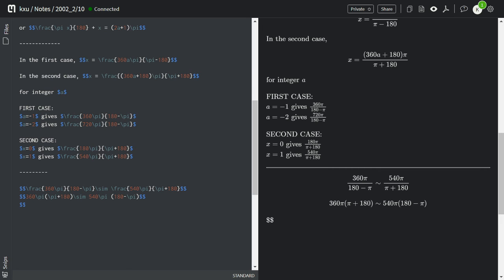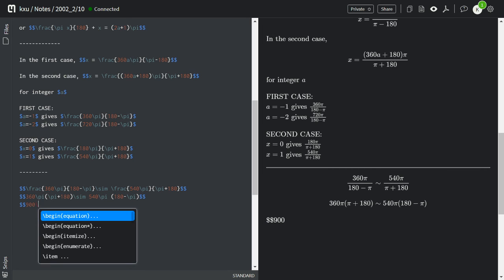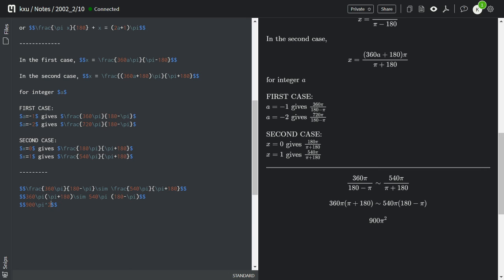And simplifying, 360 plus 540 is going to be 900 pi squared on the left side, and some pretty huge number on the other side.